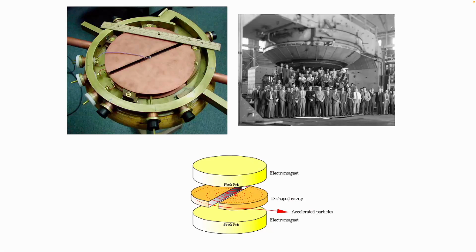So the cyclotron you see in the picture, you see the ruler for scale, right? That's more of a kind for making radioactive isotopes in hospitals. They get bigger. That's a picture of a bunch of old white guys at UC Berkeley, standing next to one of the big cyclotrons that they use.